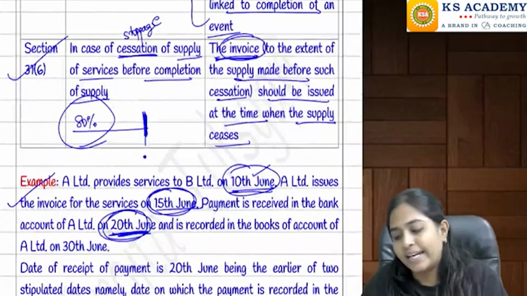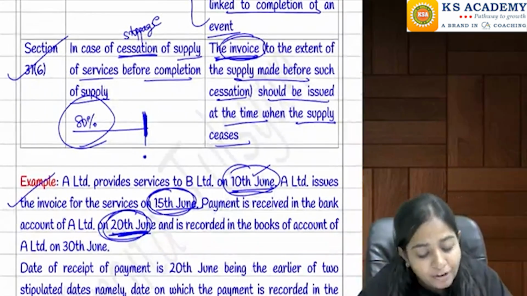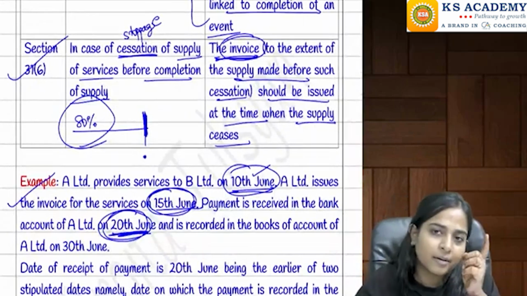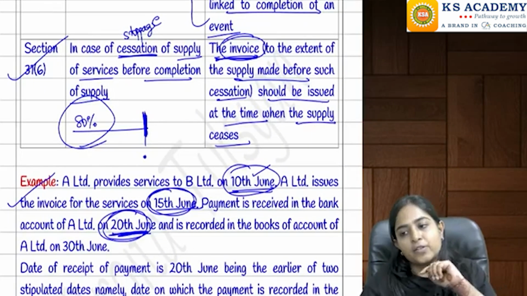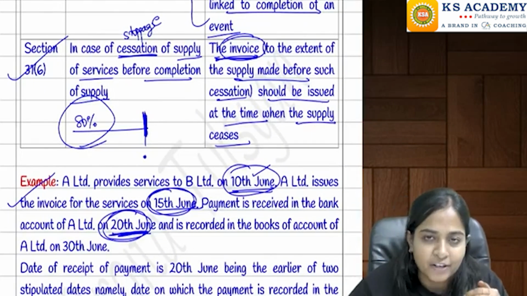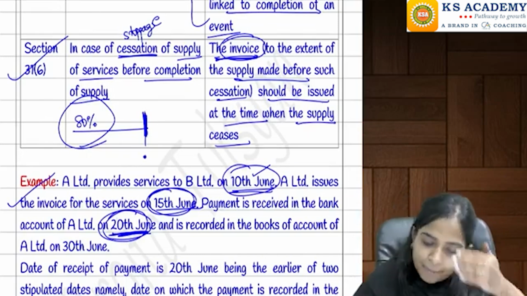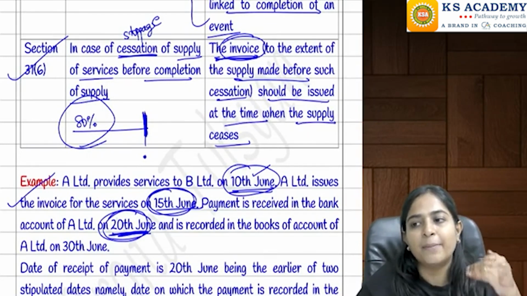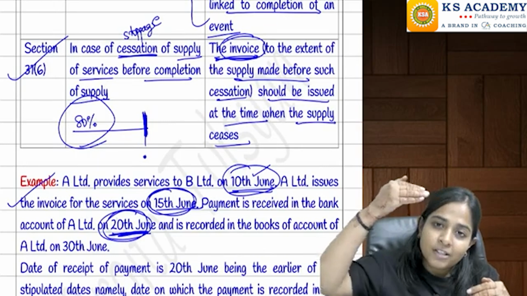And the last one, in case of cessation of supply of services before completion of the service. Let's say we have entered into a contract for giving you a particular service, but before the entire thing was completed, there was a stoppage in between.